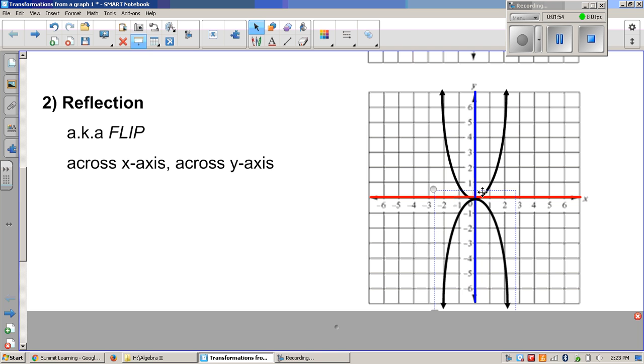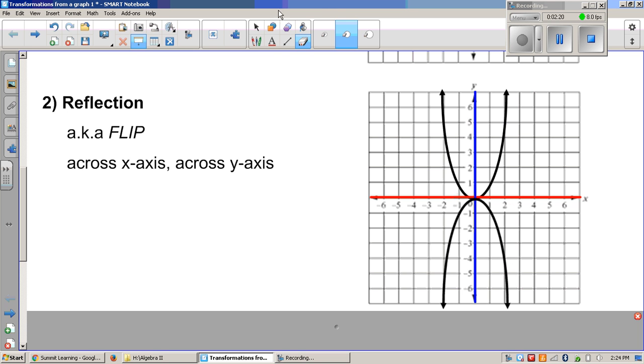So again, mirror image. Wherever these points are along this graph down here, if I just go up here, so if that's 2, 5, I should see the point 2, -5 right there. That means I reflected it across the x-axis correctly.